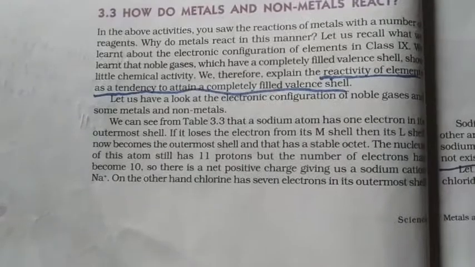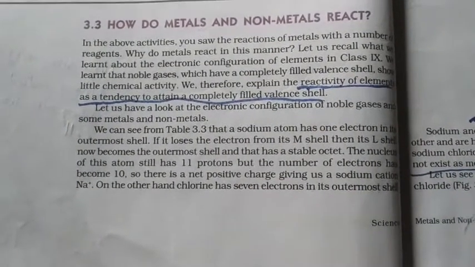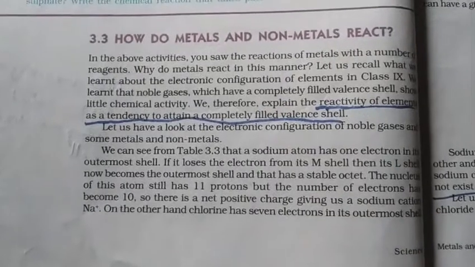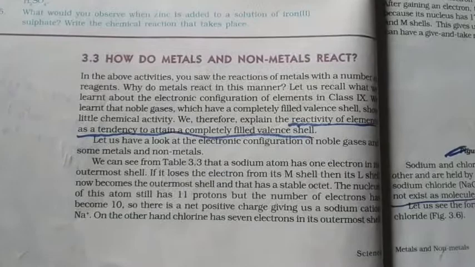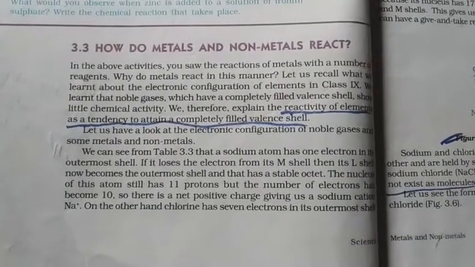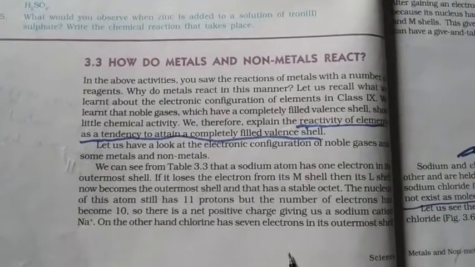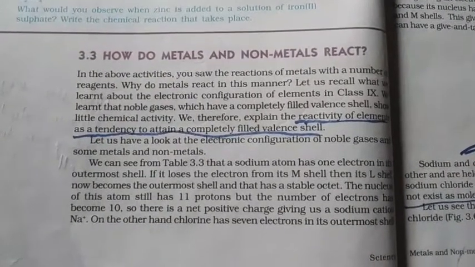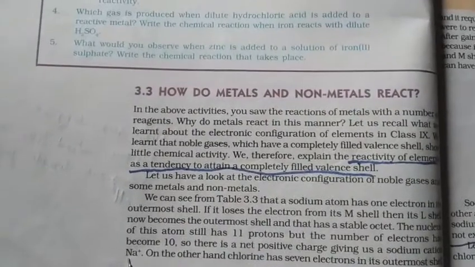Now you know that in case of any element, the number of electrons and the number of protons present in an atom is the same. That means electrically the atom is neutral. Now suppose I consider the example of sodium.